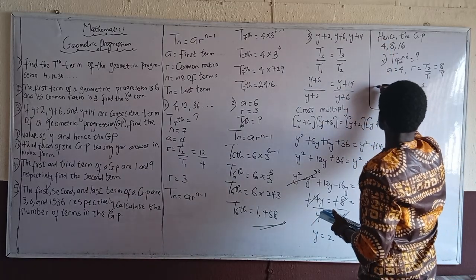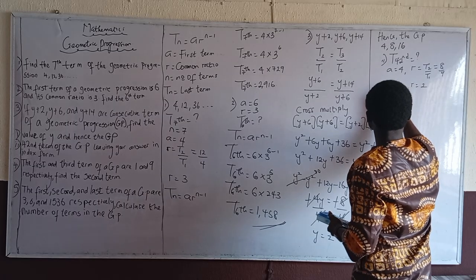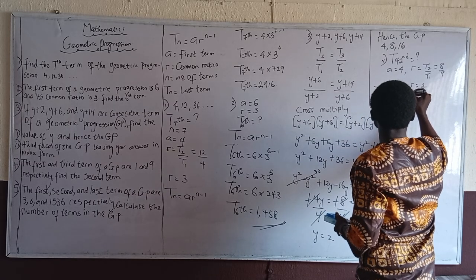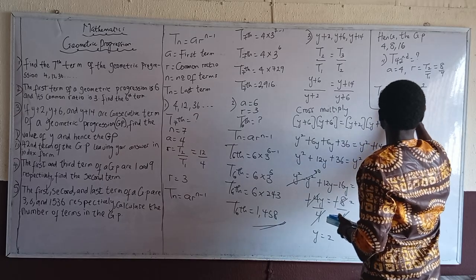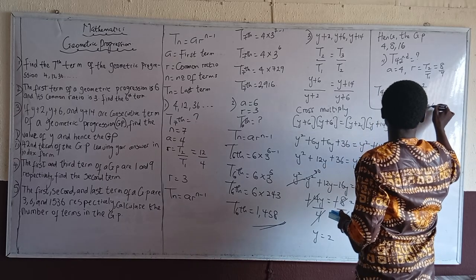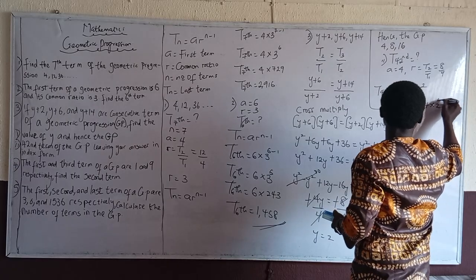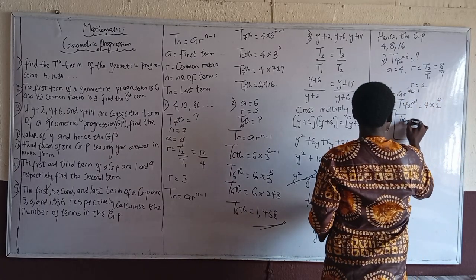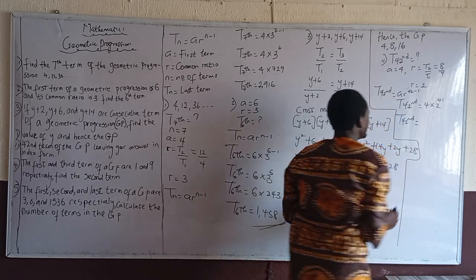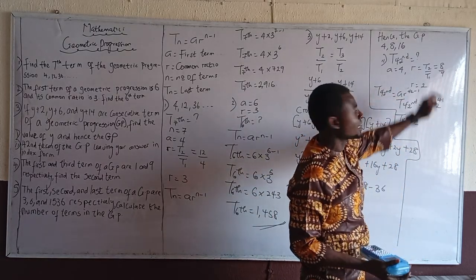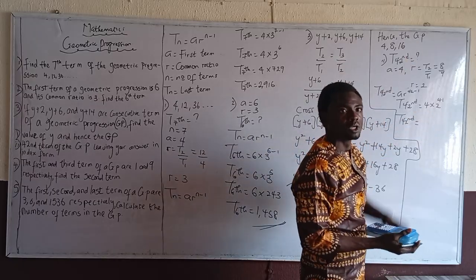Let me define my formula. So my T42 is AR raised to power 42 minus 1. T42 is 4 times 2 raised to power 41. Now, since there is 2 raised to power 41, I can write 4 as 2 raised to power 2.